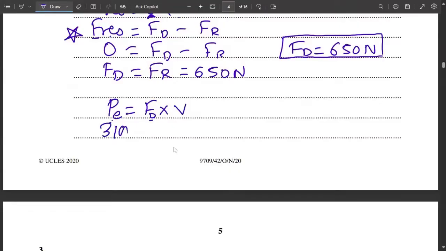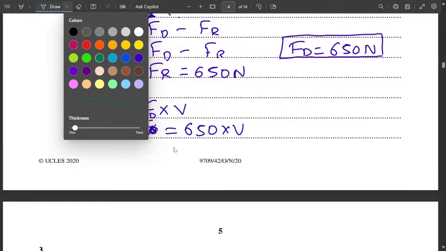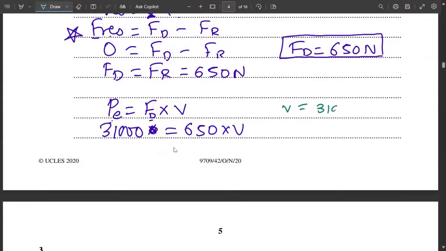So the power is 31,000. Power is equal to driving force, 650 Newton, into velocity. Therefore, velocity will be 31,000 upon 650. So the new steady constant velocity is 47.7 meter per second.